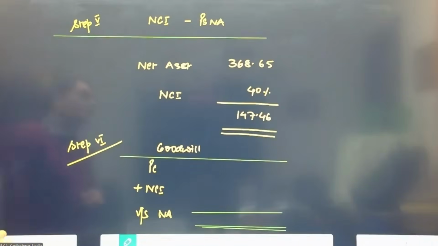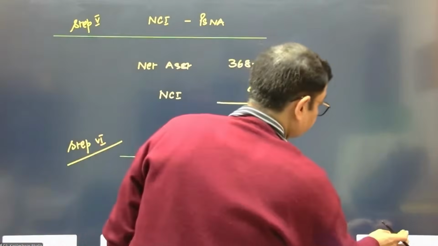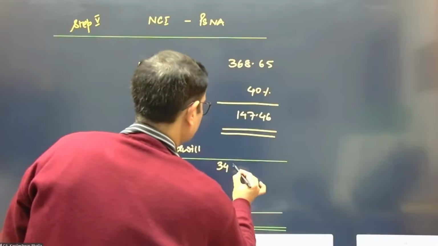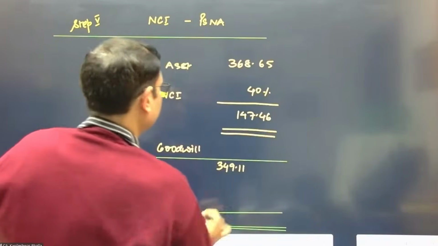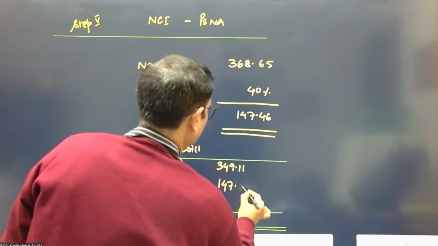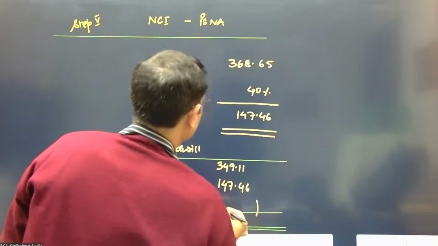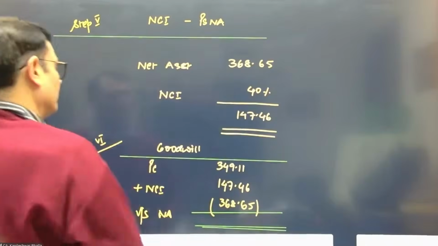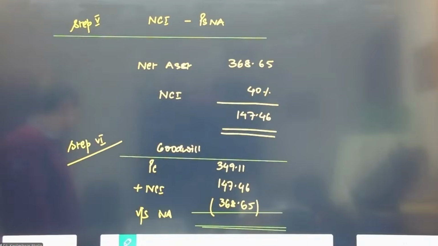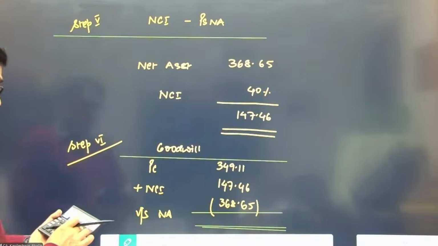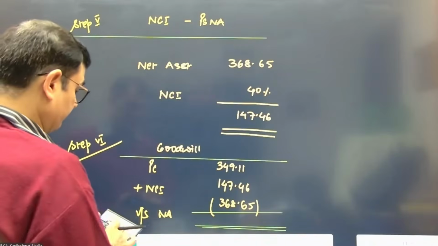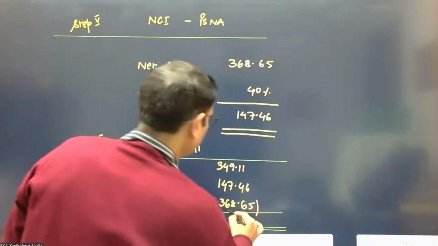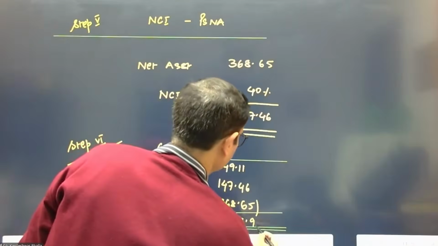So let's consider the purchase consideration, which we just did, 349.11, and NCI is 147.46, and the net assets is 368.65. So that will give us the amount of goodwill or bargain purchase gain as the case may be. 127.92. Okay, that's great. So 127.92 is the goodwill.